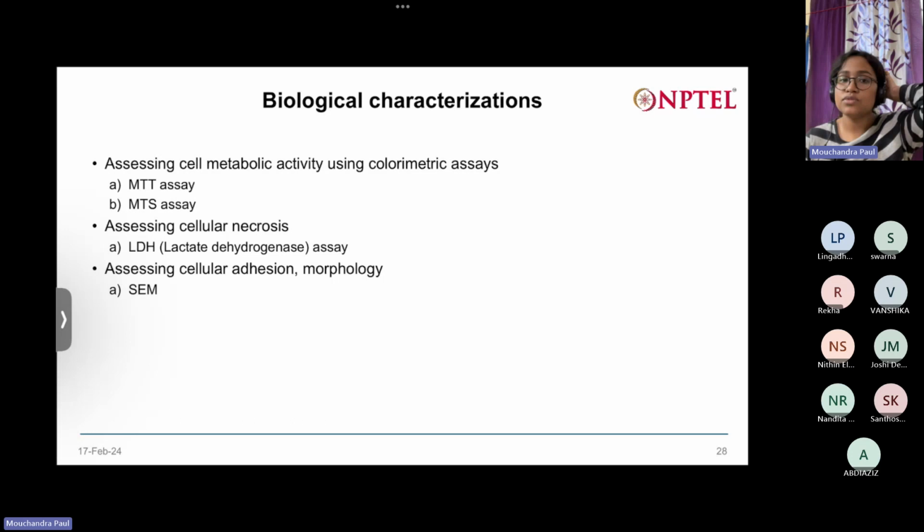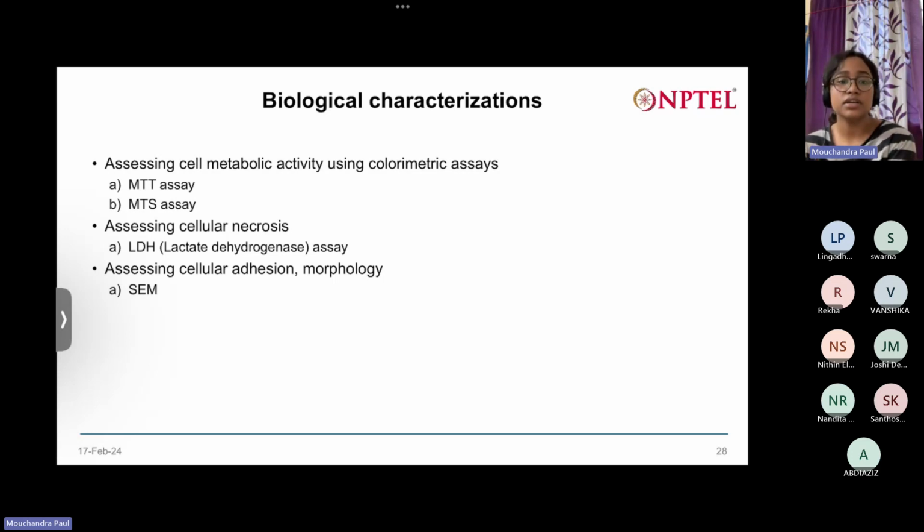Both of these salts can react with the mitochondrial enzymes. In highly metabolic cells, the activity of those mitochondrial enzymes is high. So when the concentration of this enzyme is high, more of these enzymes come and react with this particular salt, and as a result we get an insoluble salt that is called formazan.